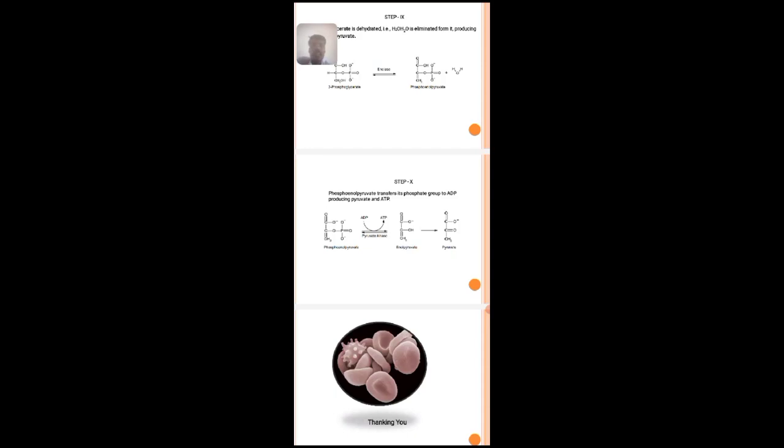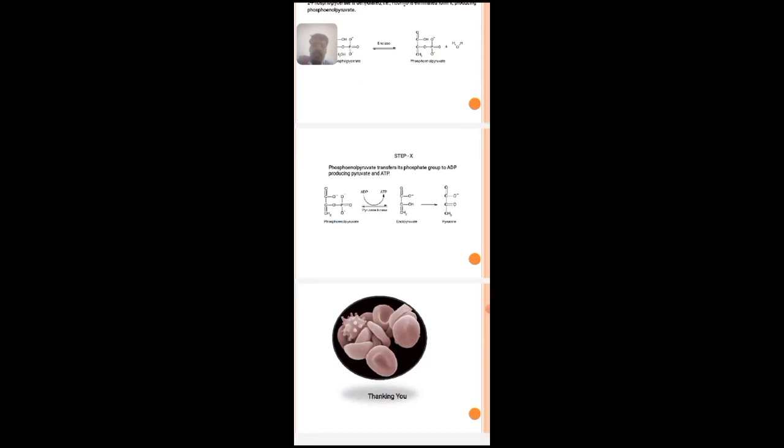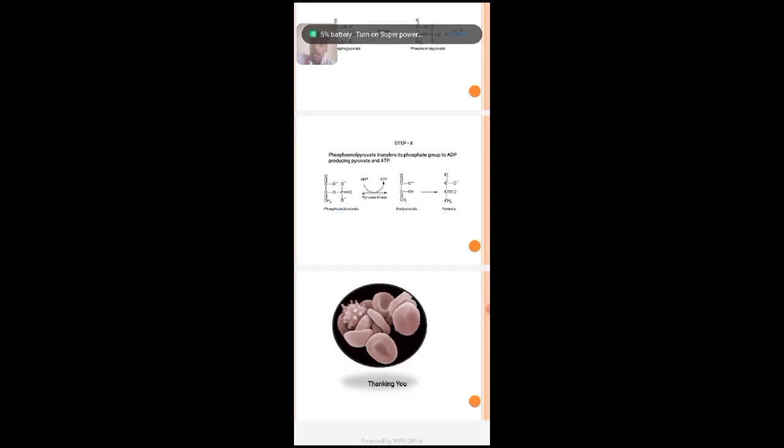The yield of glycolysis: how many ATP molecules? The net reactions in the transformation of glucose to pyruvic acid are as follows. Glucose to glucose 6-phosphate, 1 ATP lost. Fructose 6-phosphate to fructose 1,6 diphosphate, 1 ATP lost. Third, 1,3 diphosphoglyceric acid to 3-phosphoglyceric acid, a gain of 2 ATP molecules.